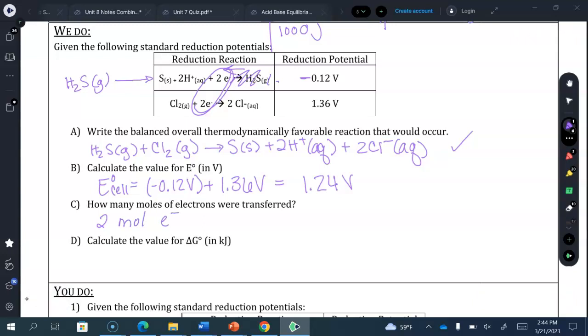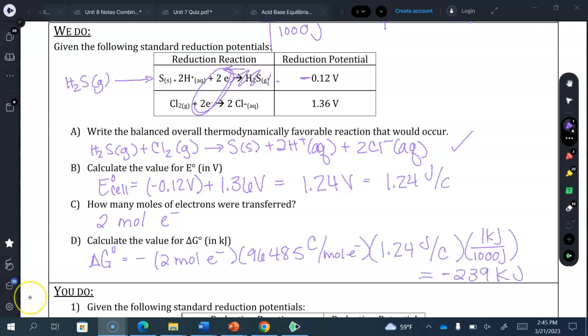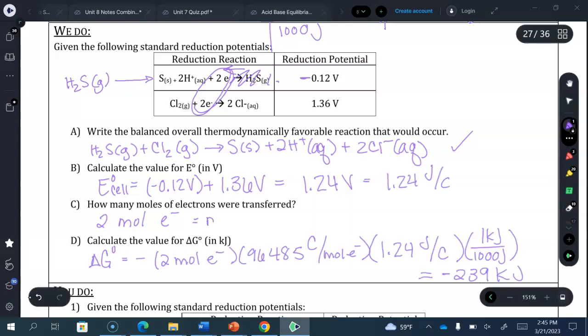And now we can use all of this information to calculate the delta G in kilojoules for this electrochemical cell. So please pause the video and do that now. Okay, substituting what we got for C in for N, 2 moles of electrons, then Faraday's constant is never going to change.